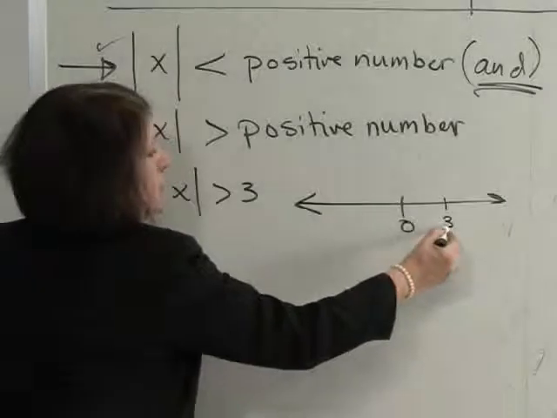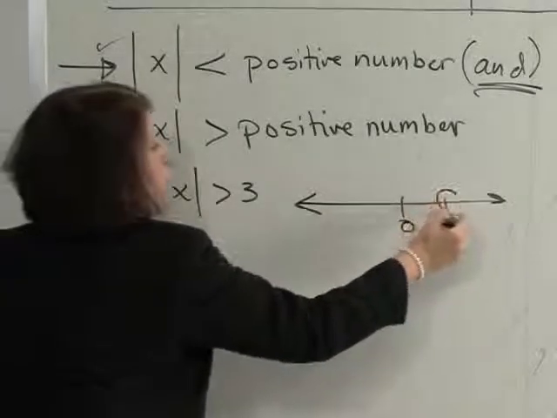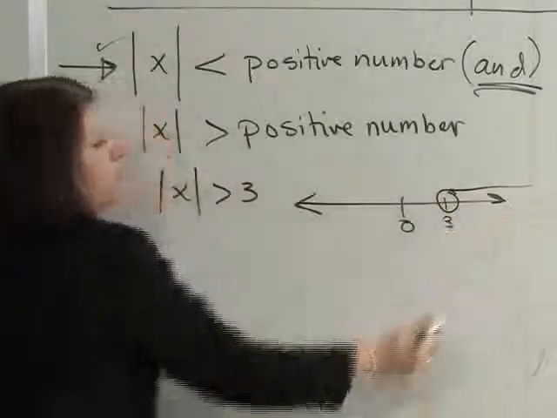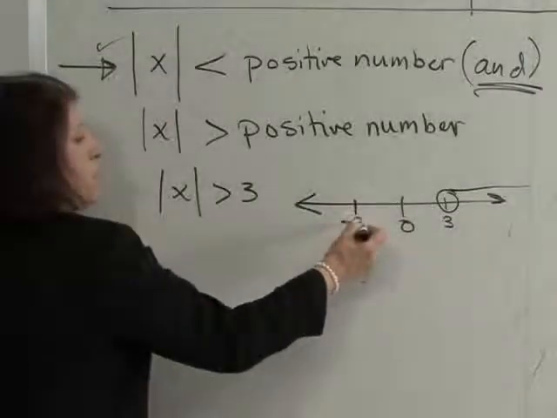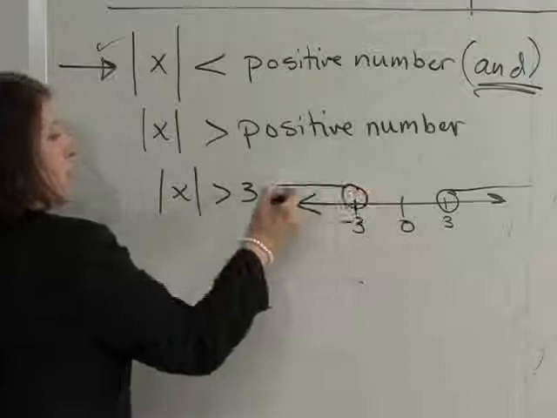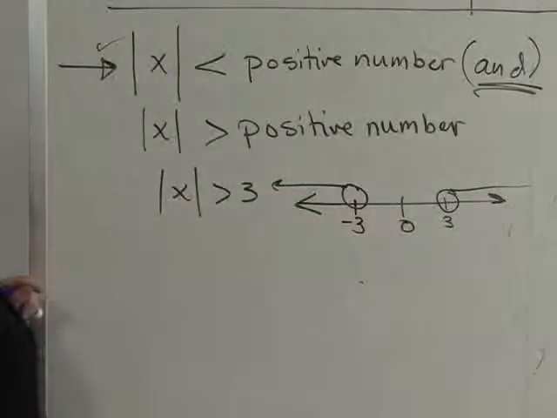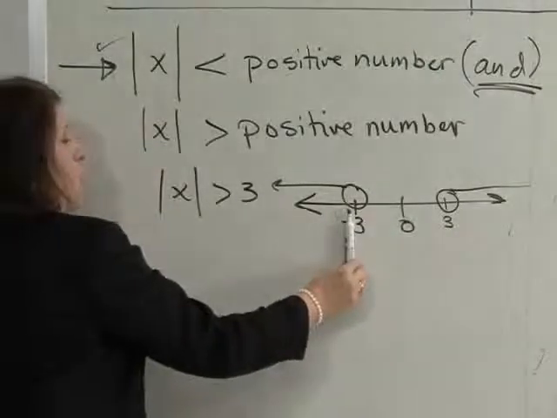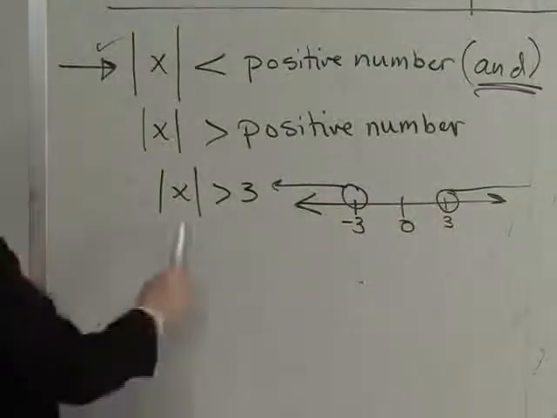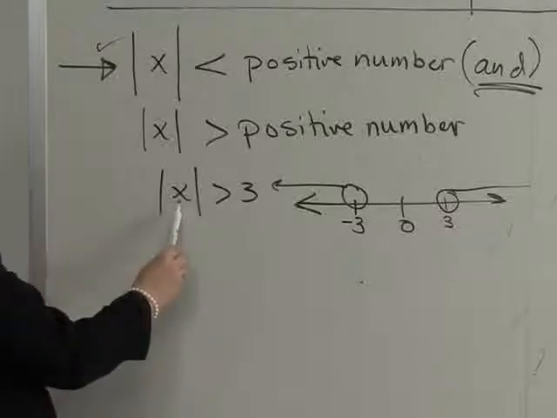So if that's a 3, more than 3 units from 0 is going to be all the numbers to the right of 3. Also, more than 3 units from 0, it's going to be all the numbers to the left of negative 3. So any number to the right of 3 or to the left of negative 3 will satisfy this inequality.